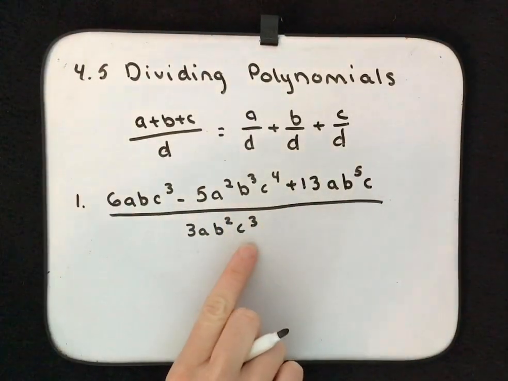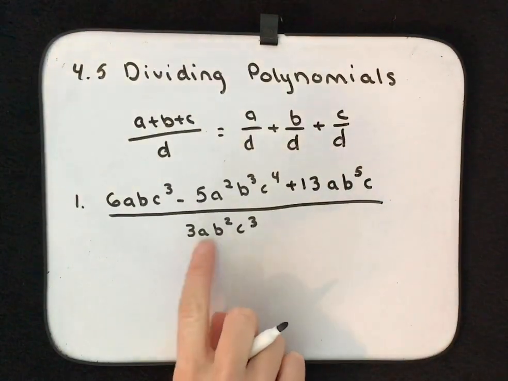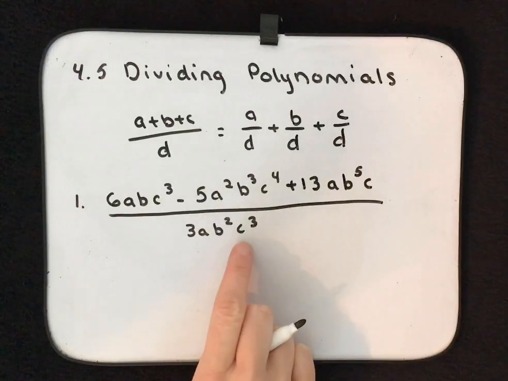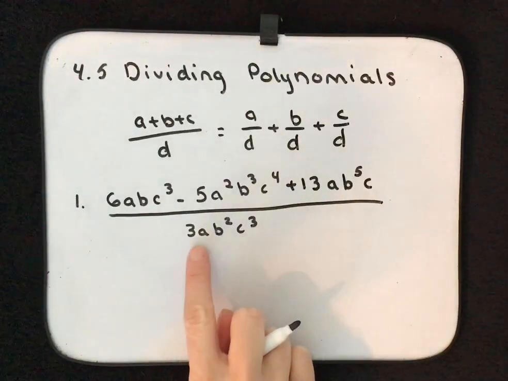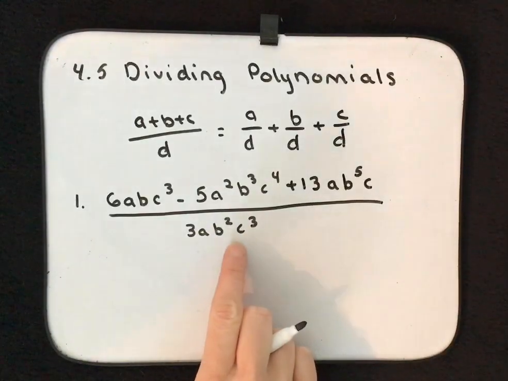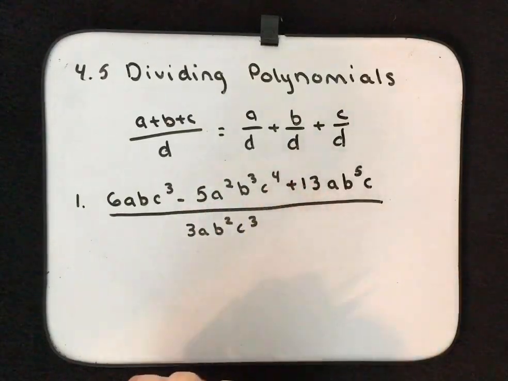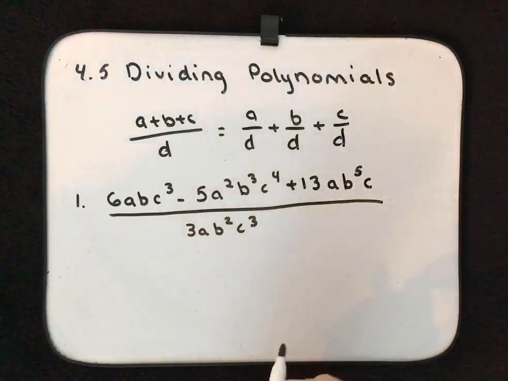There are a lot of pieces in this monomial, but it is only one term. There is no addition or subtraction, so it's a single term, so it's a monomial. So that means we can separate the numerator into 3 parts, one for each term, all over our denominator.